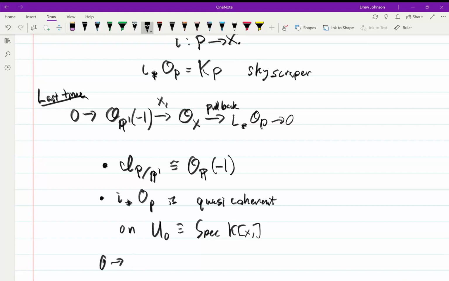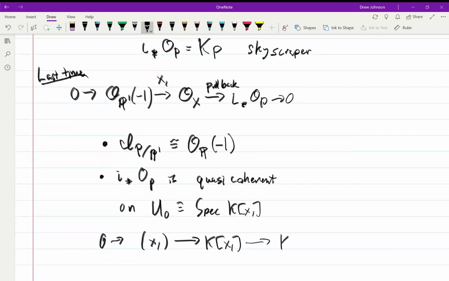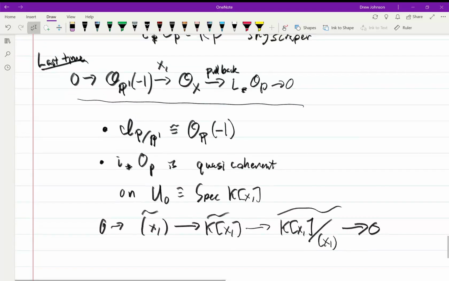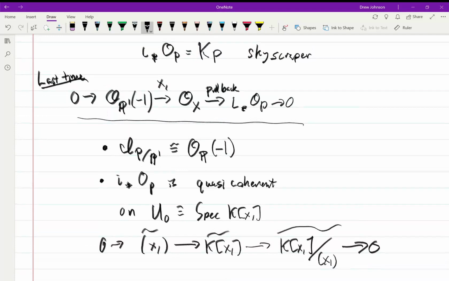The sequence really looks like you just have the ideal (x1) being included into k[x1], and then mapping into the quotient. All right, so I'm claiming on U0, if you take this sequence up here and restrict it to U0, then it's exactly this. You just have the ideal including into the structure sheaf, and then you have the quotient right here.